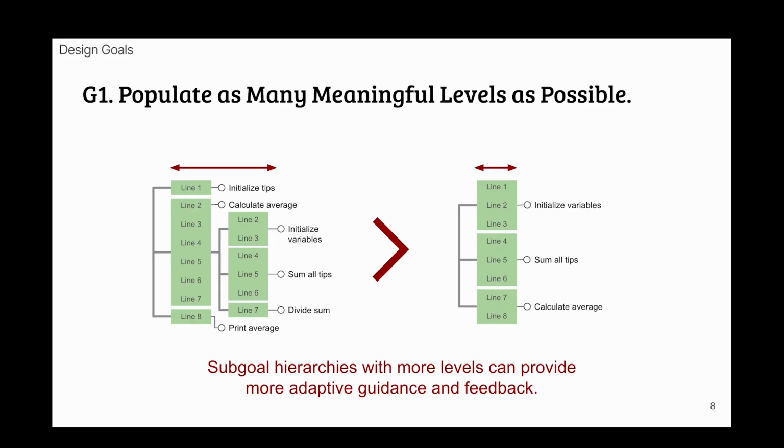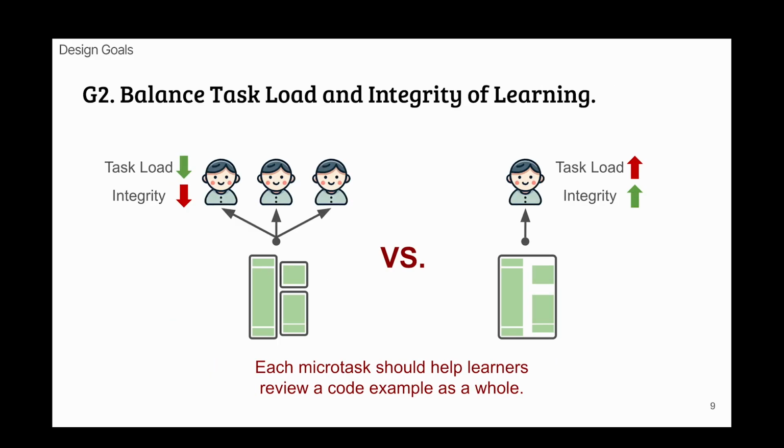To apply learn sourcing to quality subgoal hierarchy generation, we set 3 design goals. First, we aim to design a data aggregation pipeline that can populate subgoals at as many levels as possible because subgoal hierarchies with more levels can provide finer-grained guidance and feedback. Second, since subgoal hierarchy generation is cognitively demanding, we want to decompose it into microtasks.